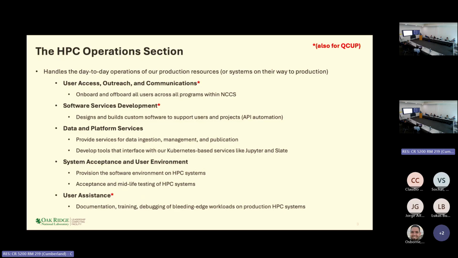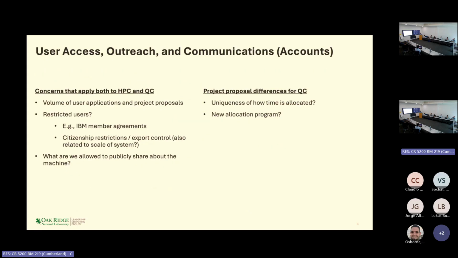Even though in their name it's just acceptance, they're also testing the system, like Frontier, during its midlife as well. They don't just stop their job after they accept the machine. They're always constantly testing. And I sit in user assistance: documentation, training, debugging of bleeding edge workflows. So although quantum is new and very bleeding edge, we do bleeding edge all the time in our section. It's just another one of those things.